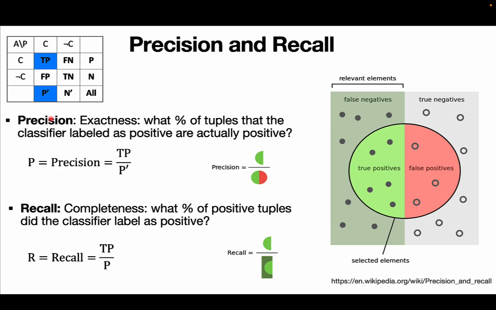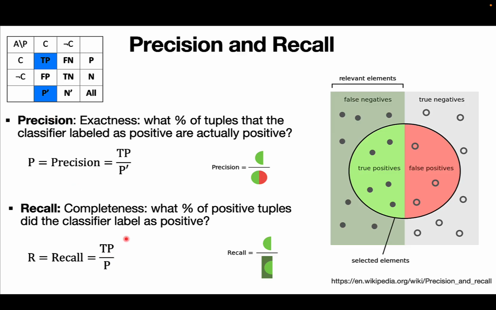In other words, out of everything that the model classified as positive, how many were truly positive? Here's an example. Suppose a spam filter marks 10 emails as spam, but only 8 are truly spam, which means in this case the precision is 80%.